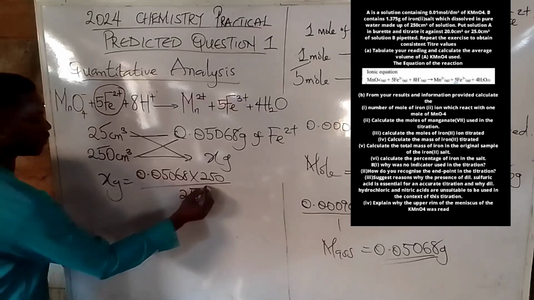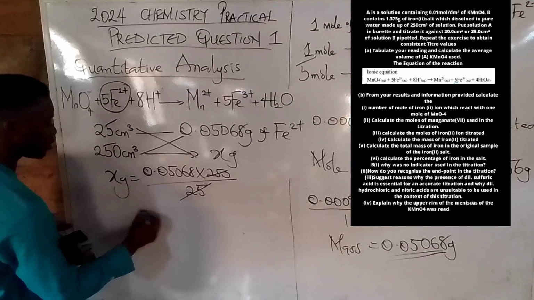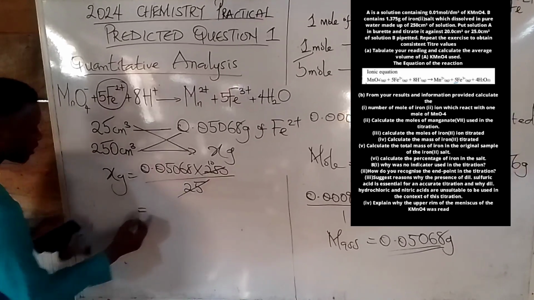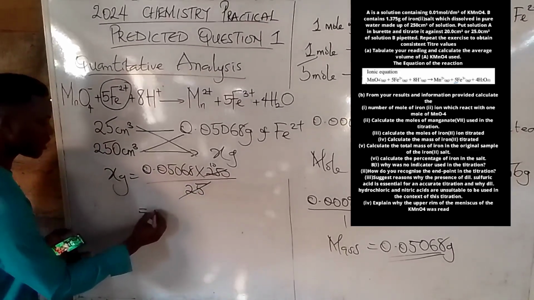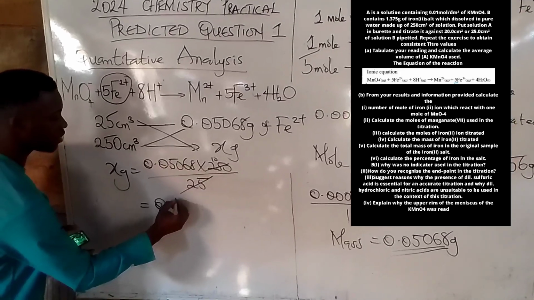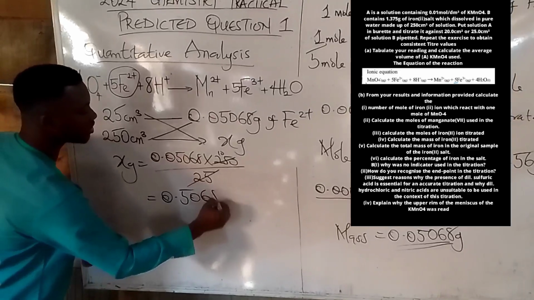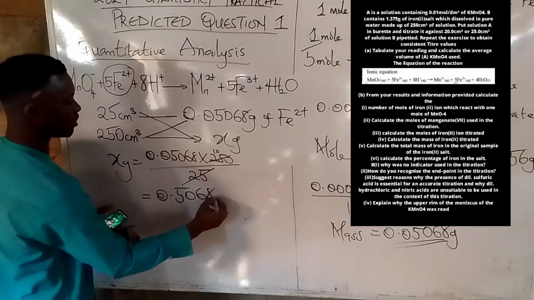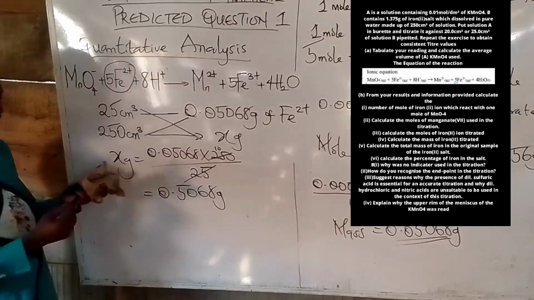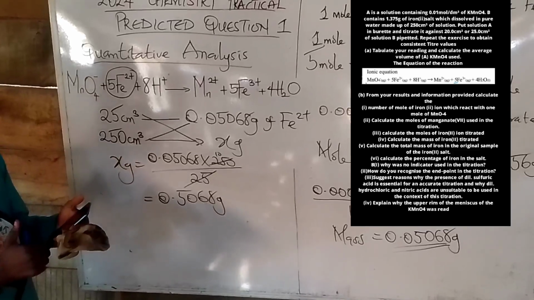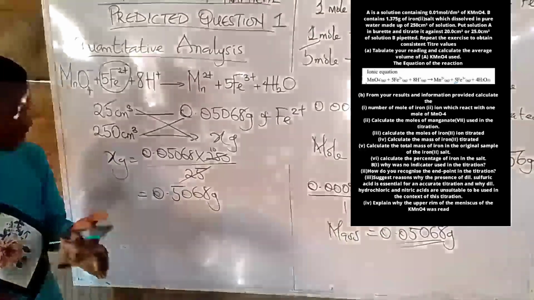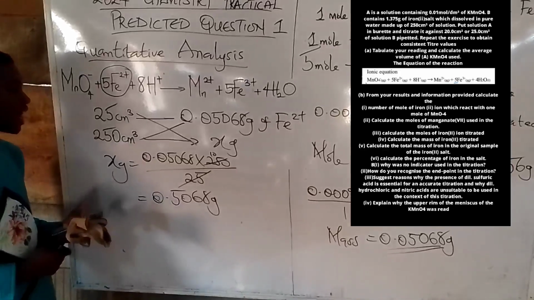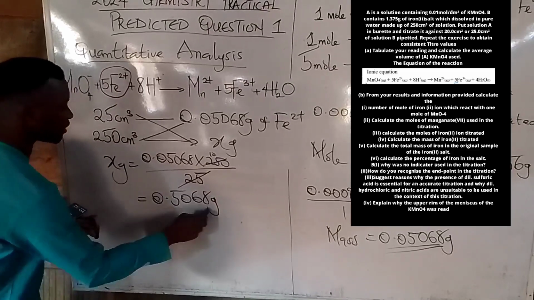When we subdivide, this cancels this, so I have 10. My answer is going to be 0.5068 gram. It means that is the iron that we have in the sample.